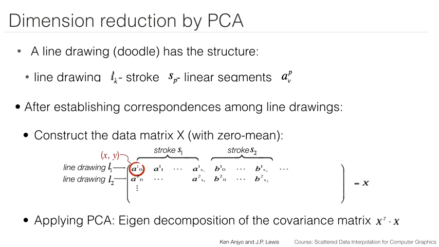As I told you, each line drawing has a structure, which we call first a stroke, which simply means a connected component. And each component stroke consists of several segments. In this case, we have 2D expressions, so we have not a column vector, but this direction vector, as shown in the bottom.